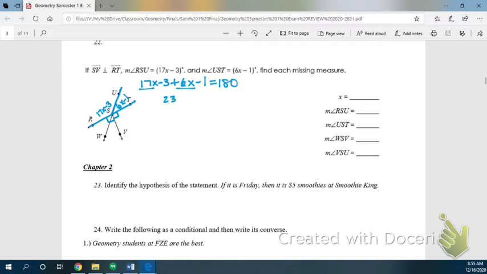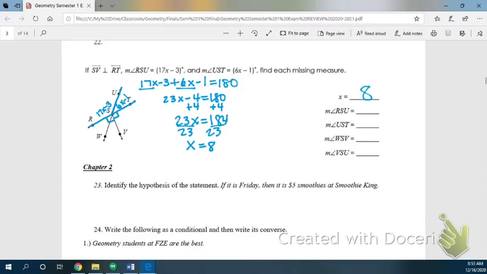That's 23x minus 4 equals 180. Add 4. When I divide by 23, I get x equals 8. So our answer is x equals 8, but they're asking for a lot more over here.